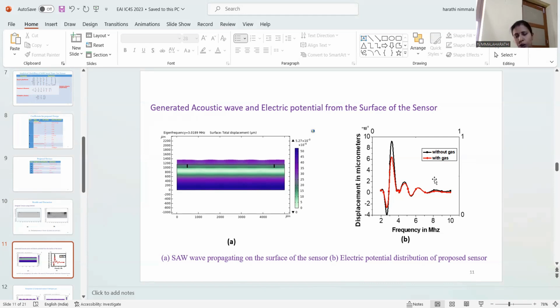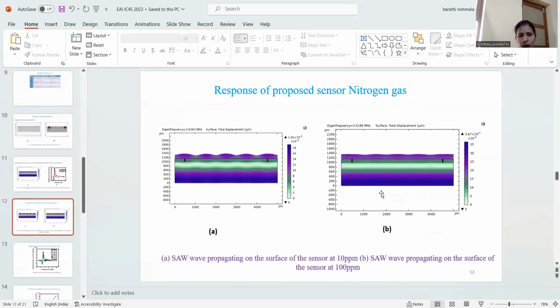So with the change in the mass loading, it causes a change in the velocity of the acoustic wave. Here, even though there is a change in the mass loading, we are considering the mass of the sensing layer to be constant, and we are concentrating on the velocity of the acoustic wave. Now, with the imposition of this ammonia gas, it causes a change in the deflection and also a shift in the frequency.